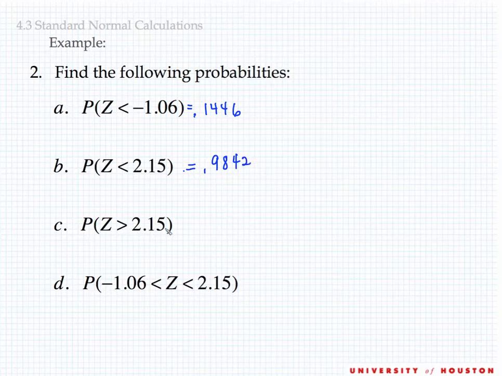Now I can find the probability that z is greater than 2.15 without going back to my calculator because it's the complement of our probability in part B. So I'm going to use my probability rules and subtract.